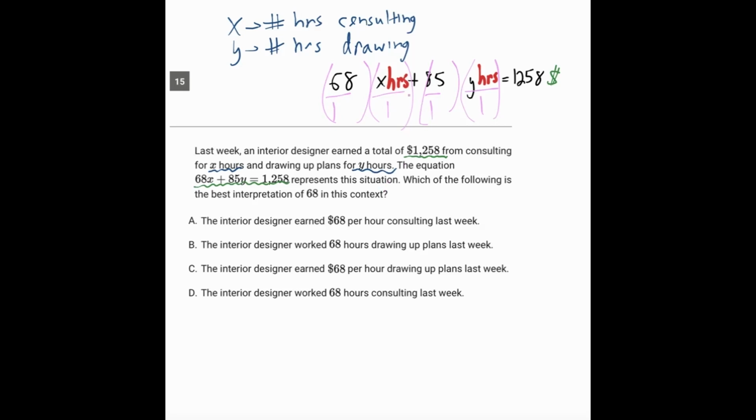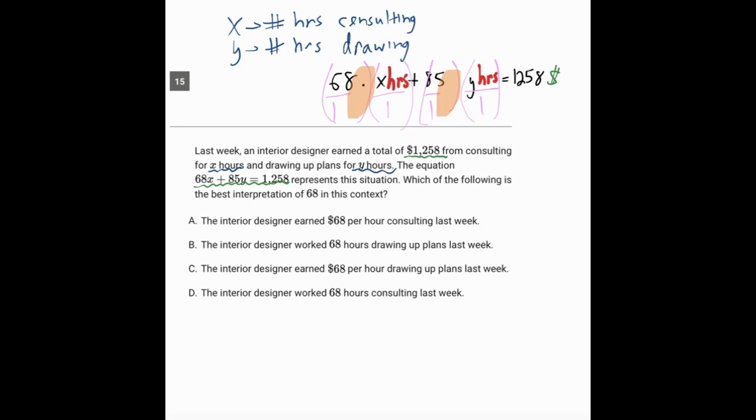But the big question here is, what unit do we want in this space and this space? What unit will cancel against hours and leave you with dollars? Because that's what's happening. Something is happening to the hours that's making it disappear and making the dollar sign appear.